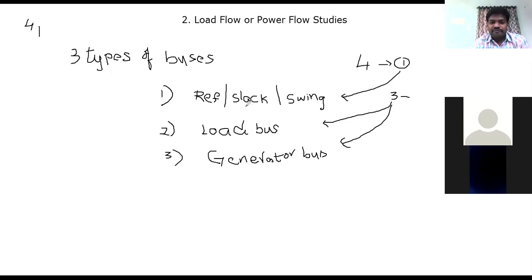At a reference bus or slack bus, V and delta are specified. These are known parameters, and P and Q are unknown parameters. For a load bus, P and Q are specified, and V and delta you need to obtain by using a proper technique. For a generator bus, P and V are specified, and Q and delta are unspecified.